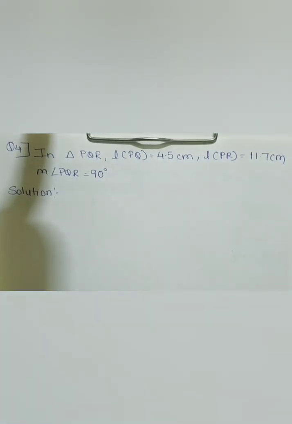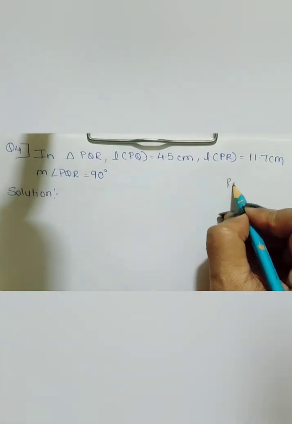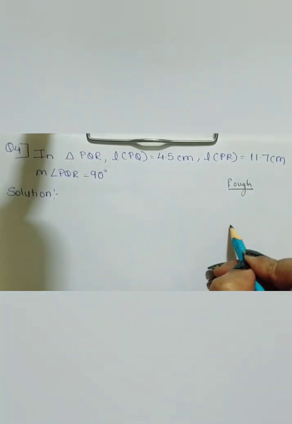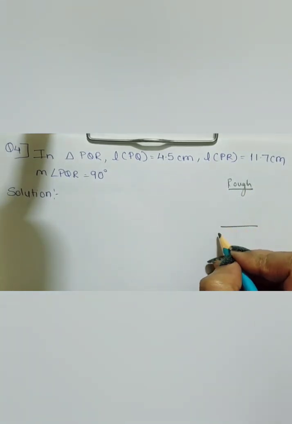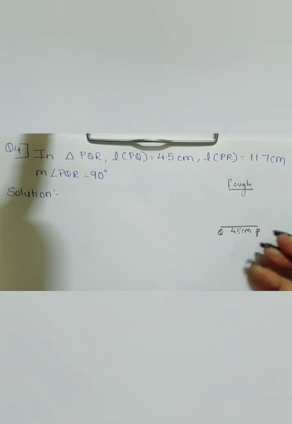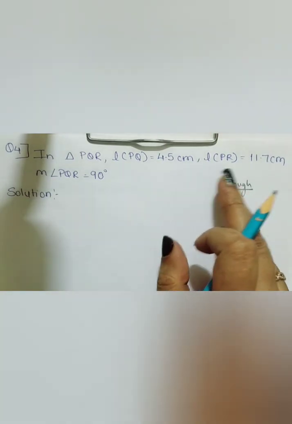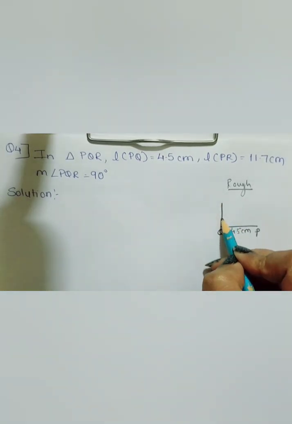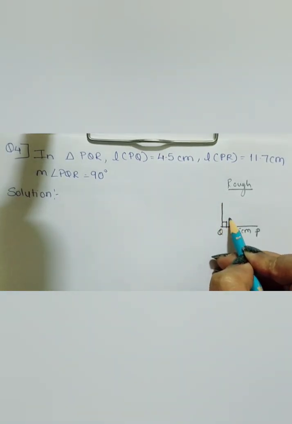Okay. Here also we are going to draw first rough diagram. Compulsory you should draw rough diagram. Okay. First base is given, that is Q and P, 4.5 centimeter. Okay, angle PQR is given 90, so it is our 90 degree angle.